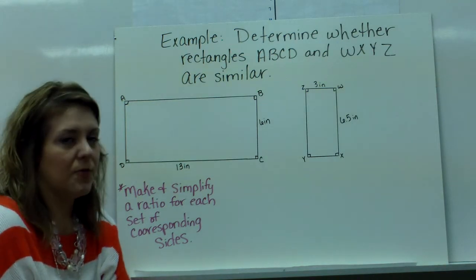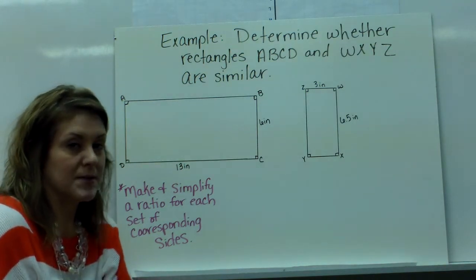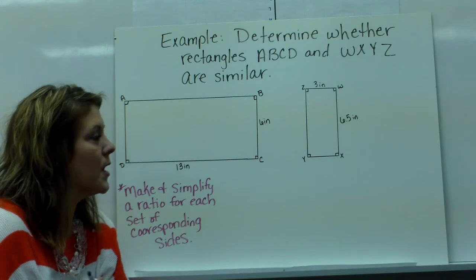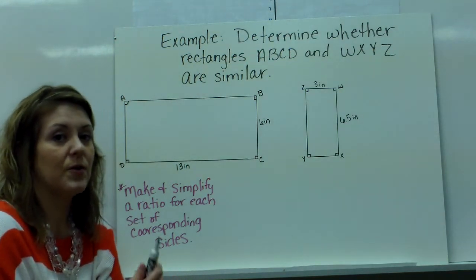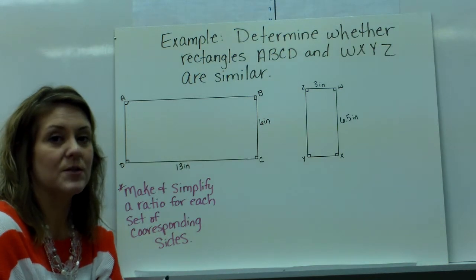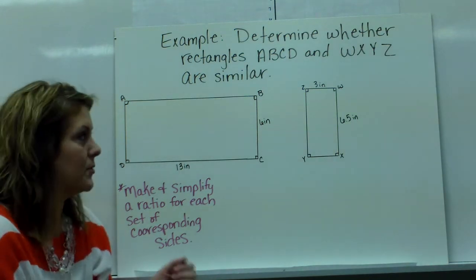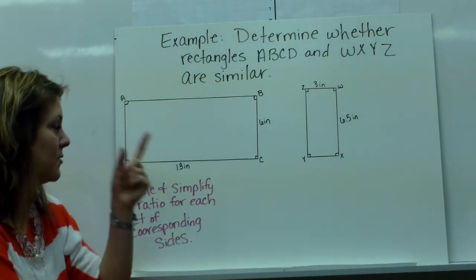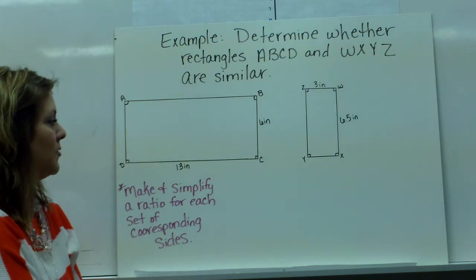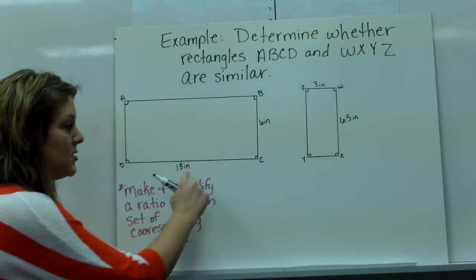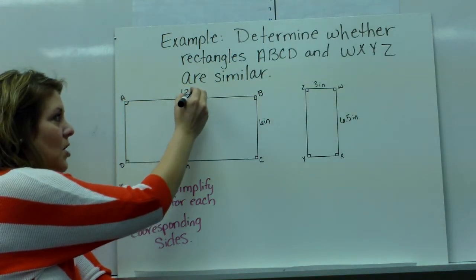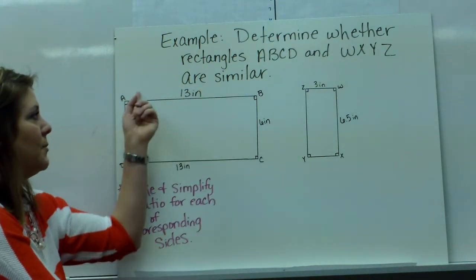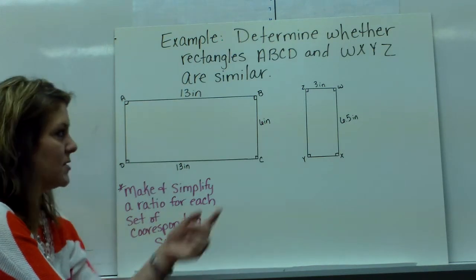What we are really going to focus on now are those corresponding sides. We're going to make a ratio with the corresponding side measurements, and simplify those to see if we get the same ratio, to see if it's proportional all the way around. So again, remember in a rectangle, with ABCD here, we know that DC is 13 inches. Well, we also have to recall that those opposite sides are going to be the same. So that means AB is also 13 inches.